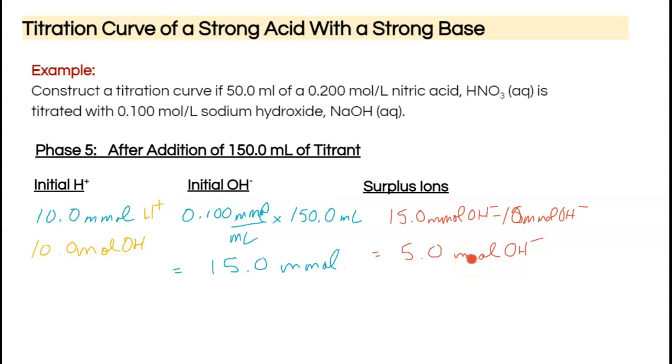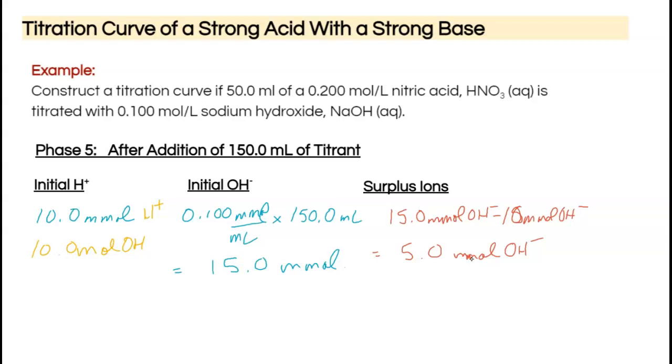Okay, so this is where things change a little bit, because I can't calculate pH directly from hydroxide ion concentration. So we've got a little bit of extra work to do, and I'm going to remind you about the relationship between pH and pOH.